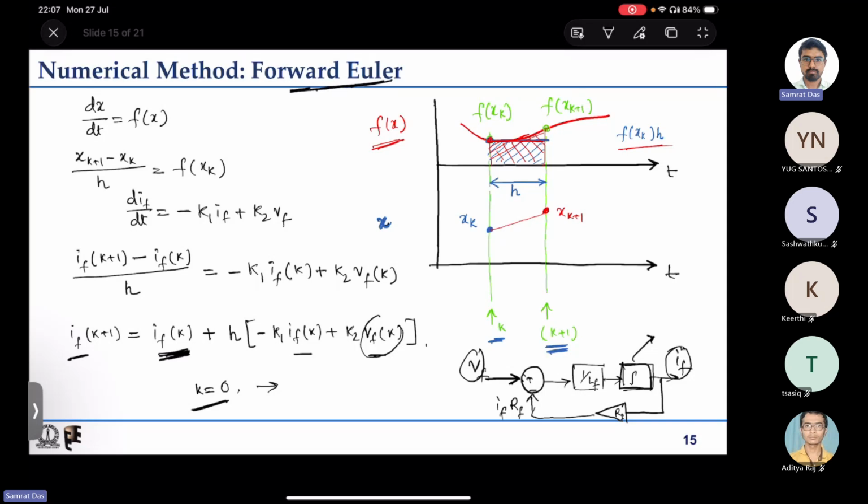So this is the simplest numerical method, known as forward Euler. Here the known value of f of xk is carried forward during the sampling duration, and that is how the integration is calculated as this rectangle area.